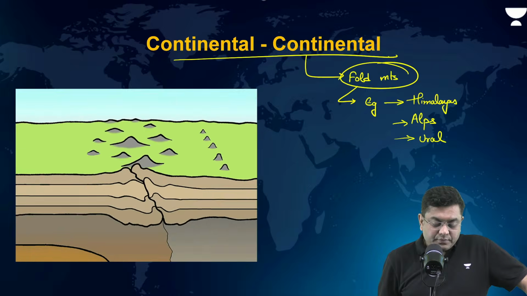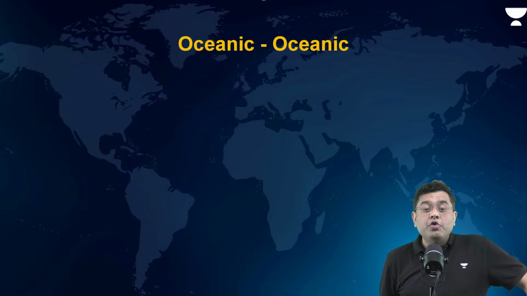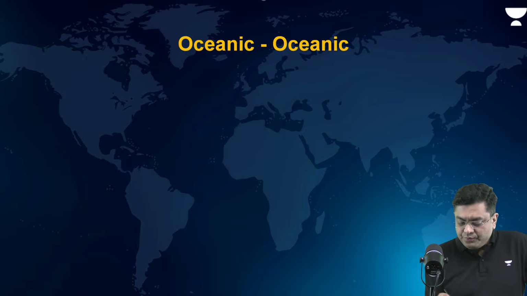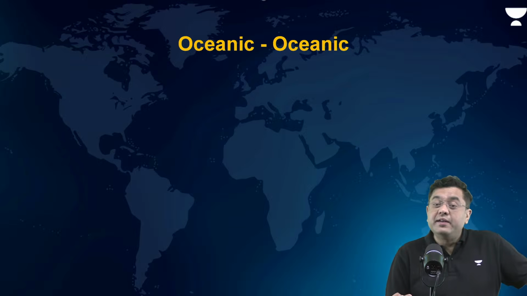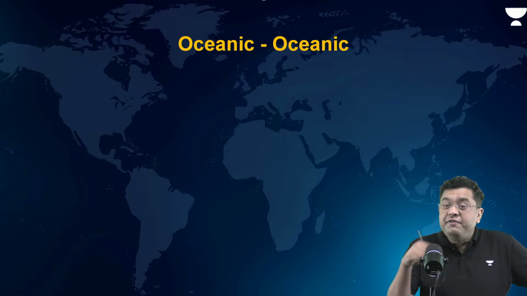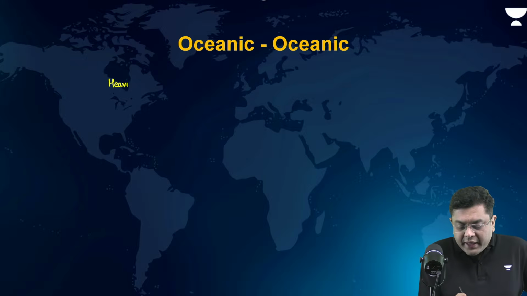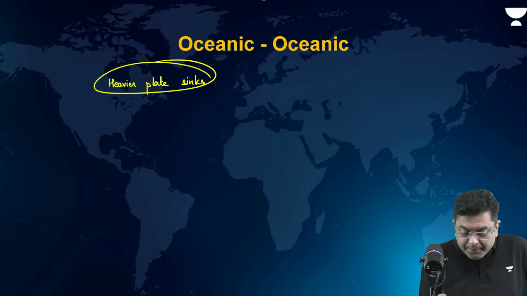Okay. Then after that, you have oceanic convergence. In the case of oceanic, the heavier of the plates, whichever is heavier, will sink. So the heavier oceanic plate sinks, right? Now, which is the heavier plate in the case of oceanic?